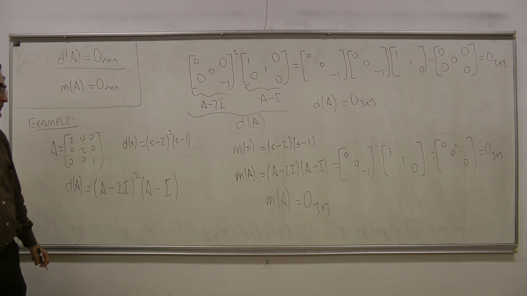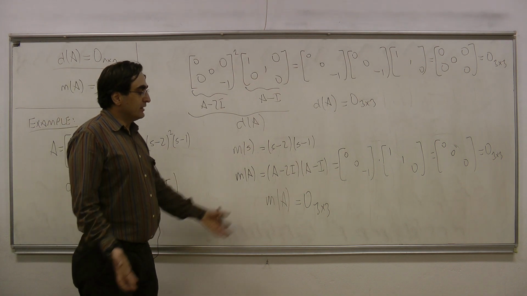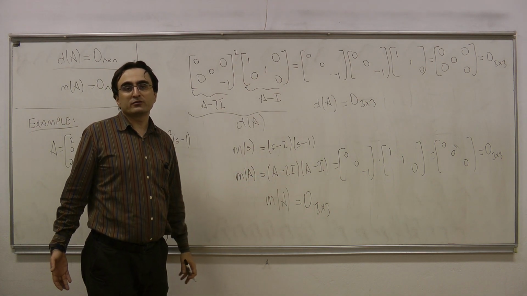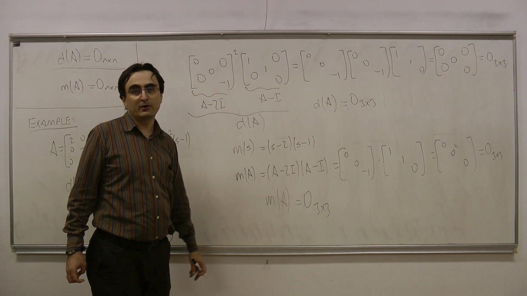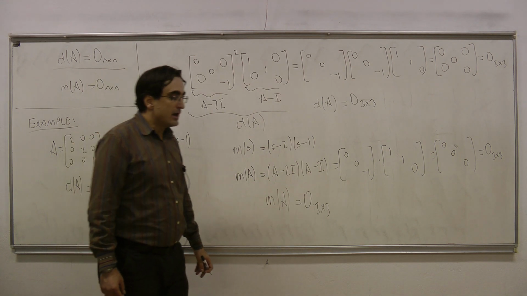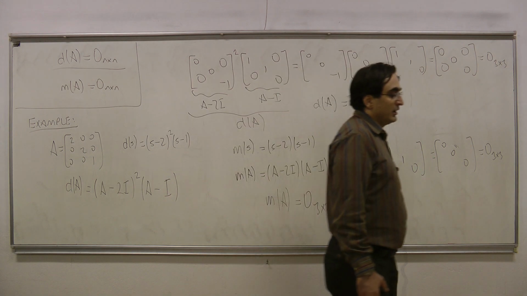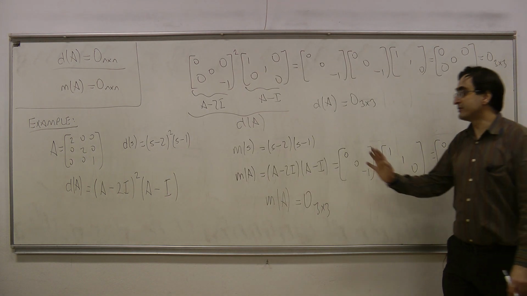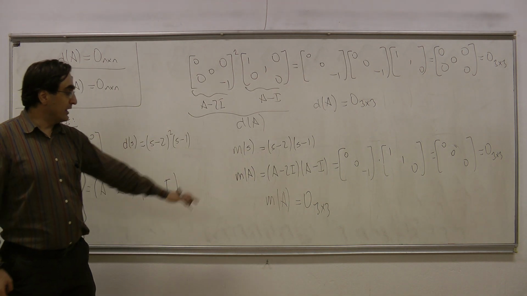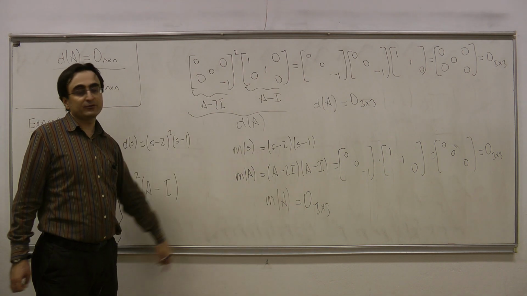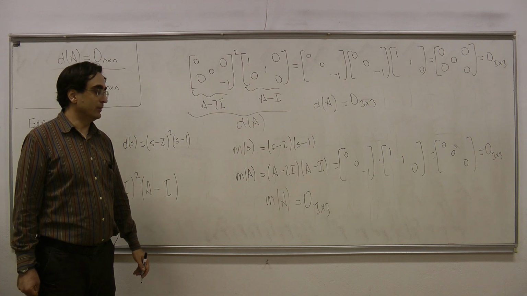Okay? So I can still continue asking questions here. Can I find an even lower order polynomial which would satisfy this equation? And the answer is going to be no. For this example, there is no lower order polynomial than this M of s which would satisfy a similar equation.